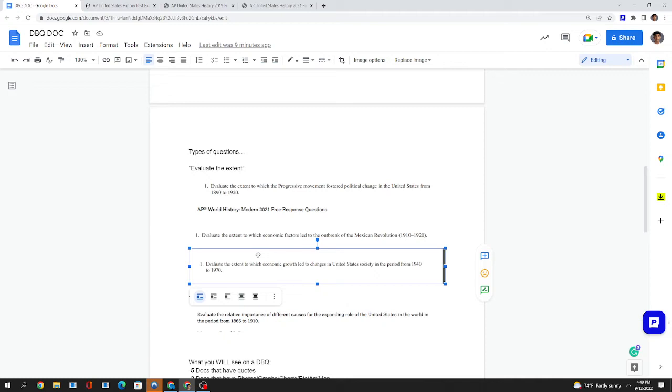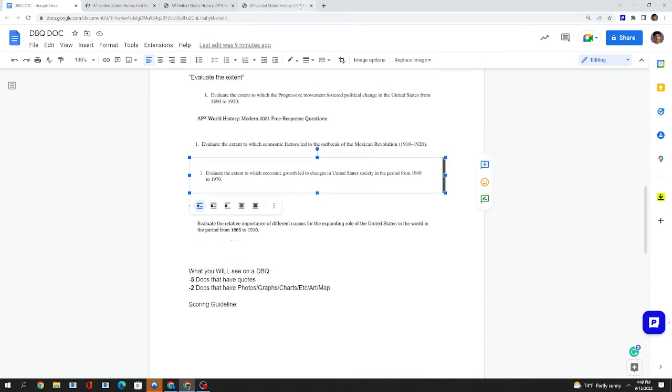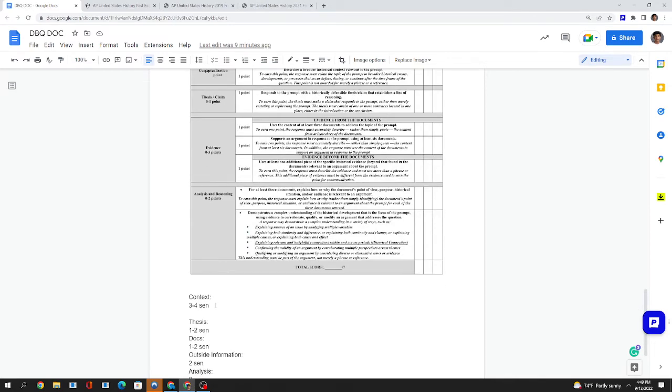Take a step back to the time period before and explain the society and economics of that time period, or whatever historical factor you're supposed to be talking about in the essay. Take a step back, look at it, and then talk about how those led to the conditions of the time period provided in your essay. Okay? So that's the contextualization.